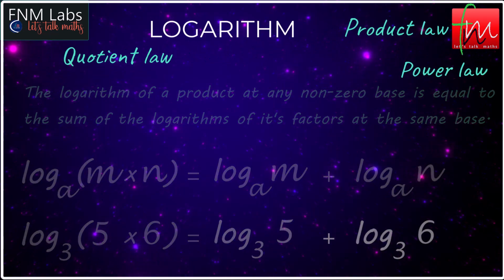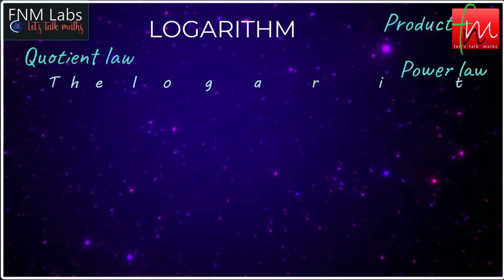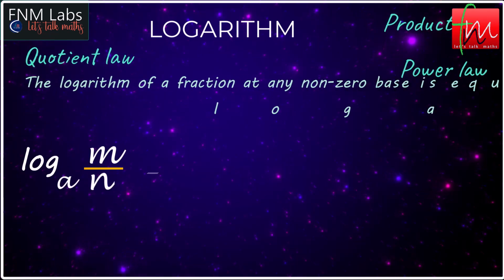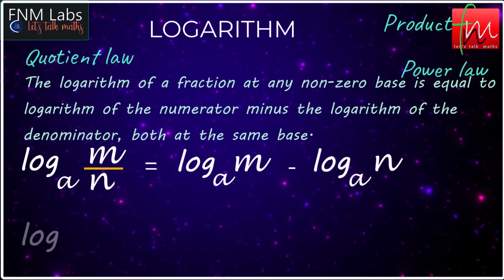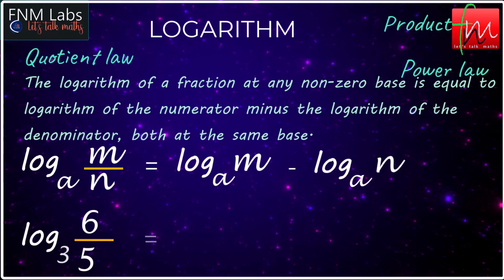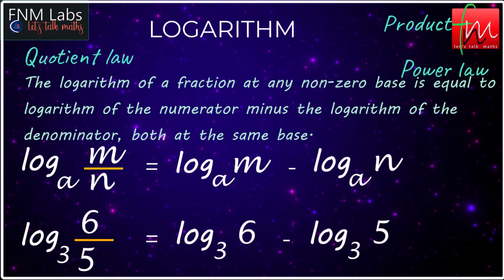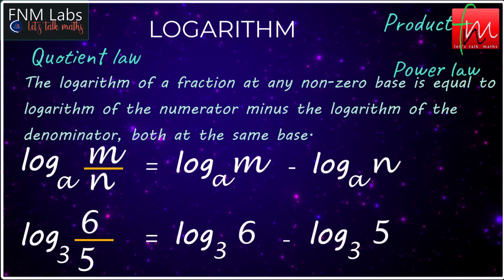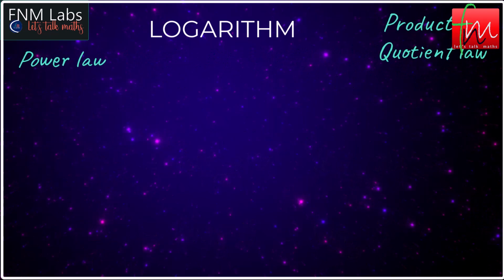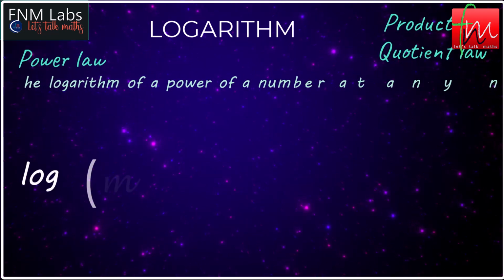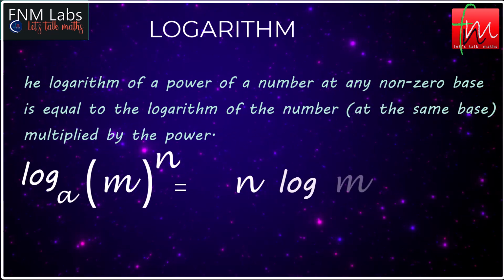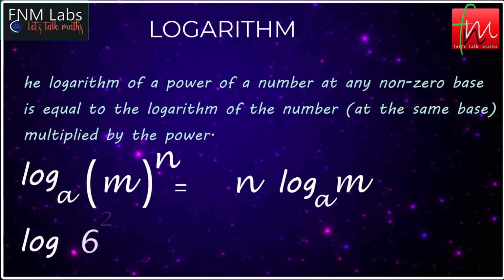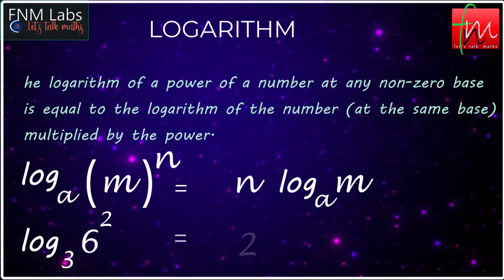The second law, the quotient law, states that the logarithm of a fraction at any non-zero base is equal to the logarithm of the numerator minus the logarithm of the denominator, both at the same base. And the power law says the logarithm of a power of a number at any non-zero base is equal to the logarithm of the number at the same base multiplied by the power.